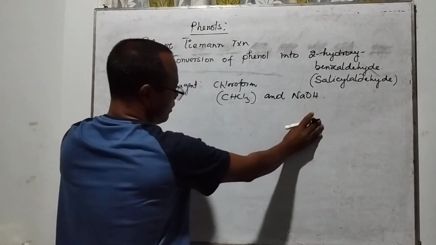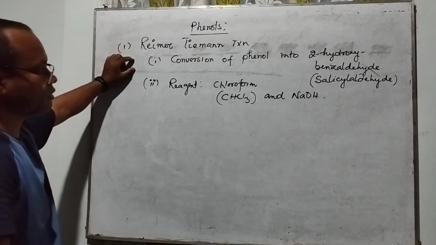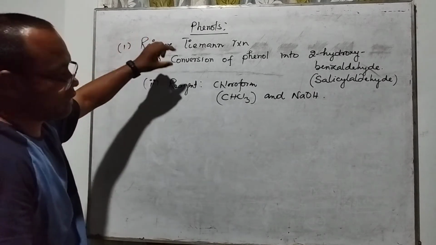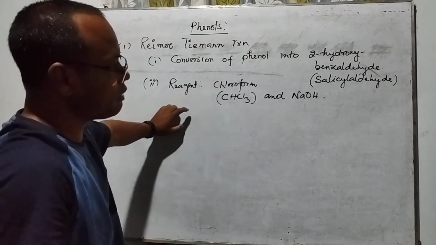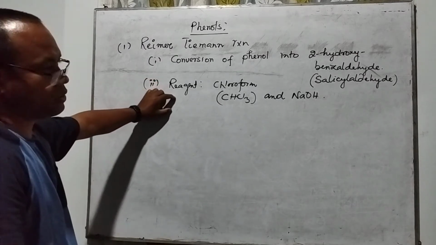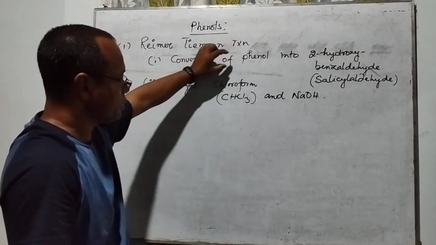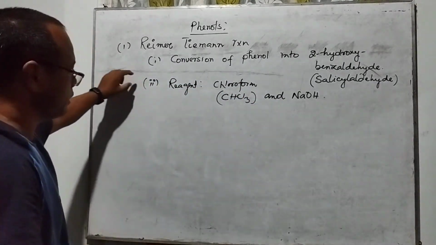Don't forget, number one: what is the Reimer Tiemann reaction? It is the conversion of phenol into 2-hydroxybenzaldehyde, that means salicylaldehyde. So this phenol is treated with chloroform in presence of sodium hydroxide.